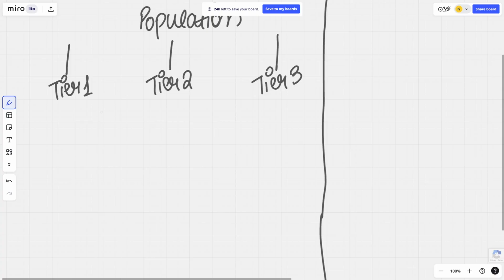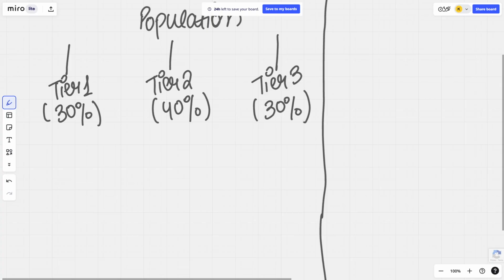I will be giving the percentage of population that is living in particular cities. Let's suppose in tier 1 we have 30% of the population, in tier 2 we have 40%, and in tier 3 we have 30% of the population.